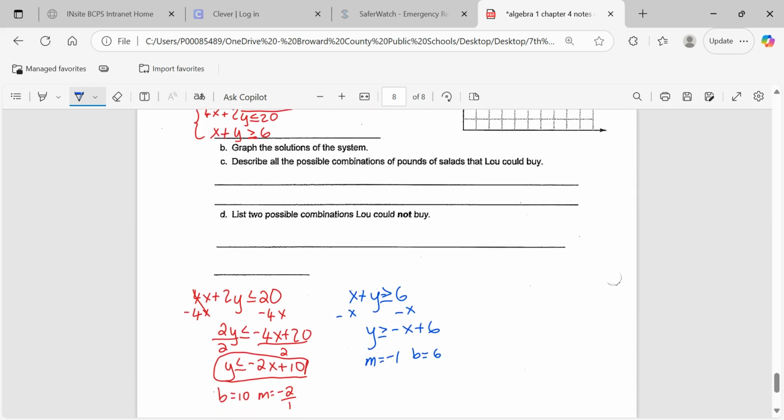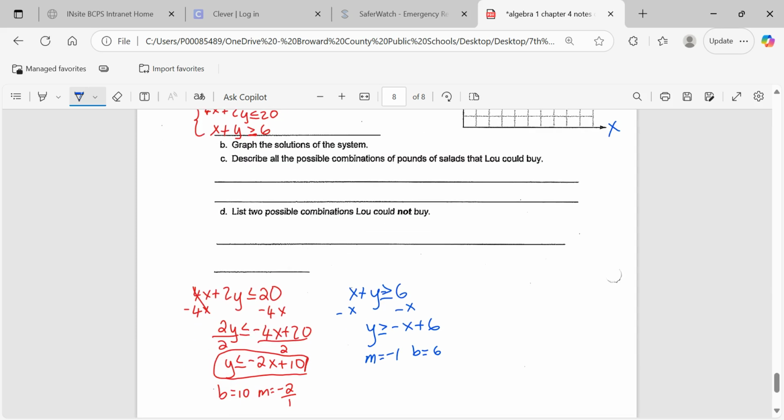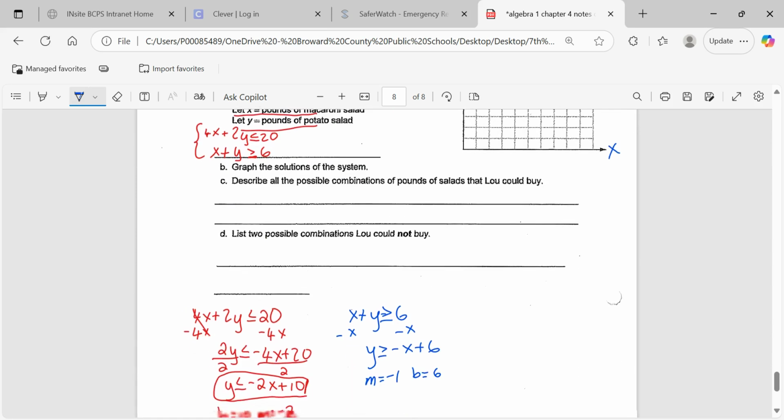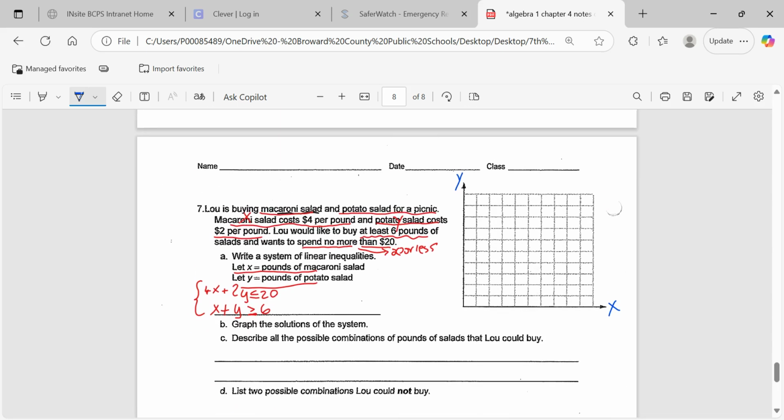I know that I need to get up to 10 on my y because my y-intercept is 10 up there. And then I could go on the bottom by ones. So let's do that. I'm going to go 1, 2, 3, 4, 5, 6, 7, 8, 9, 10. And 1, 2, 3, 4, 5, 6, 7, 8, 9, 10.